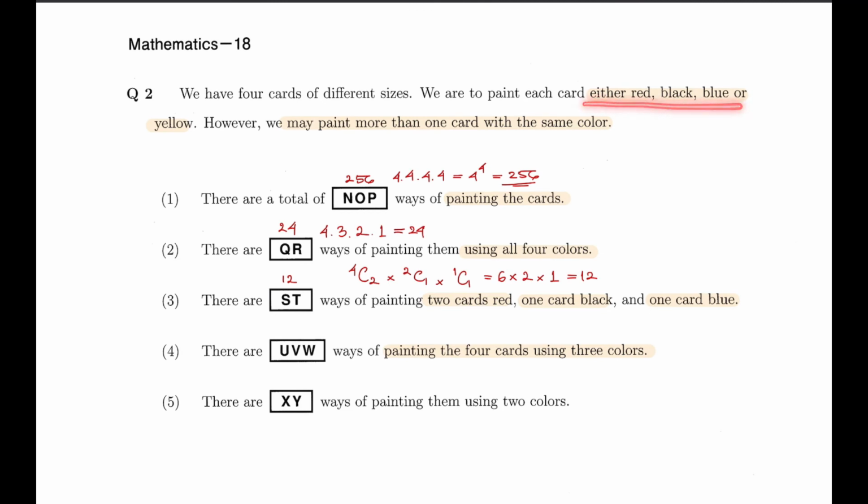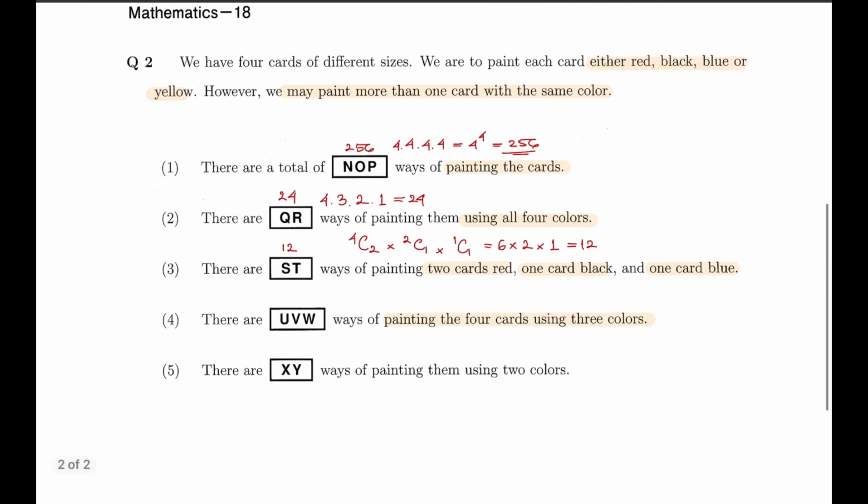So from 4 colors, we choose 3. 4 choose 3 is 4C3, the number of ways of choosing 3 colors out of 4.